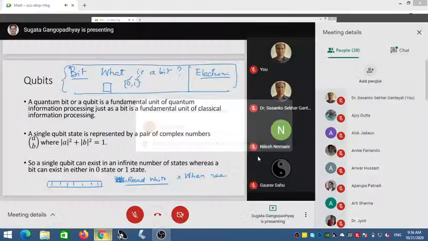Another thing that we take for granted is that when I am reading a bit, the bit itself will not change if I do not change it. When I read a bit, it will not change. These are the things that we take for granted.